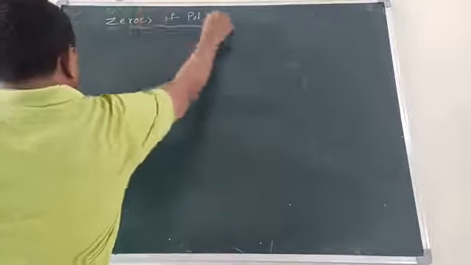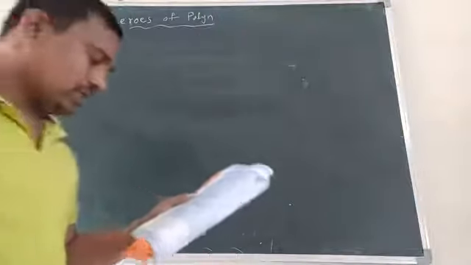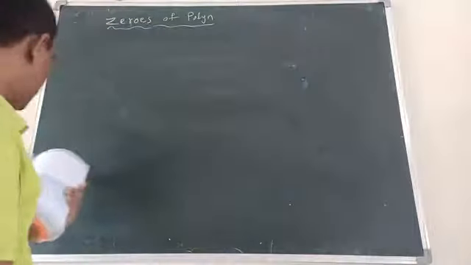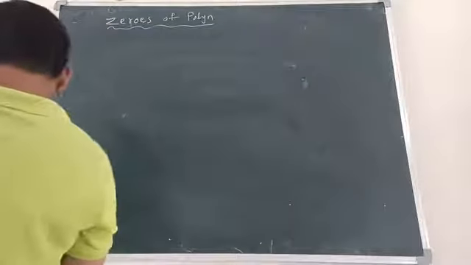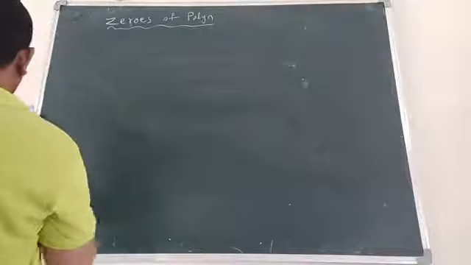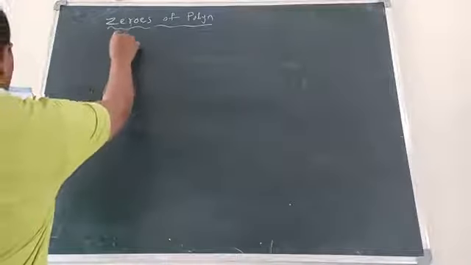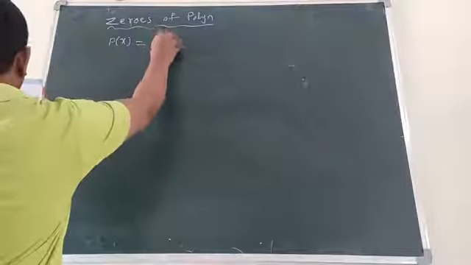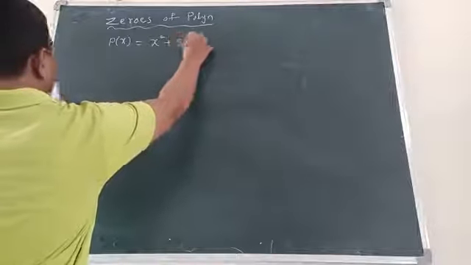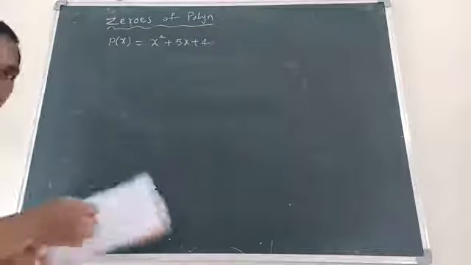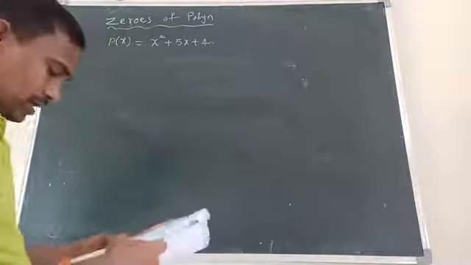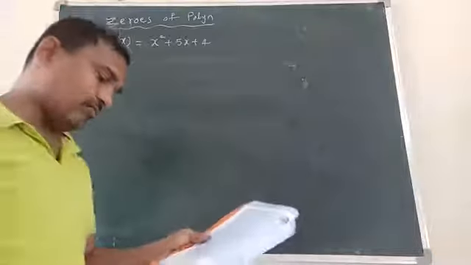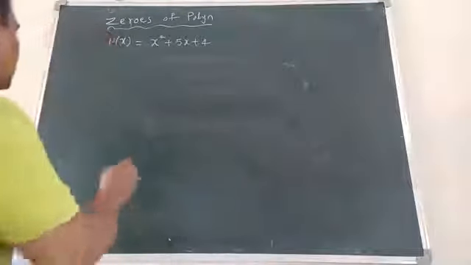Zeros of polynomial. Here let us take p of x equal to x square plus 5x plus 4. To understand the concept of zero of the polynomial, let us substitute.